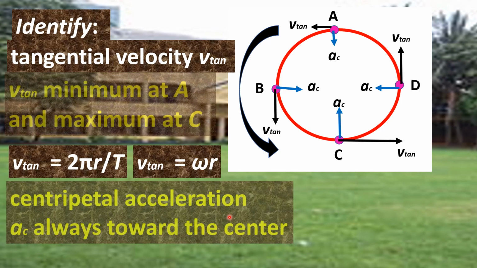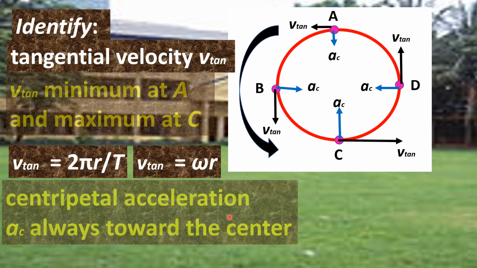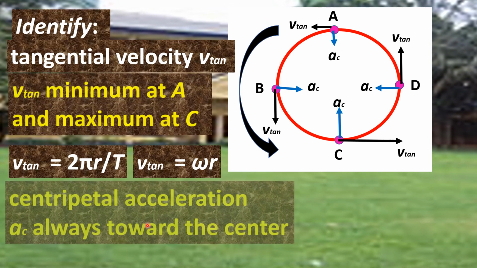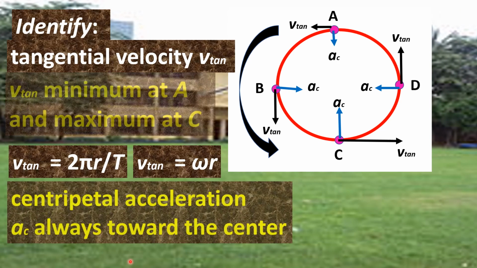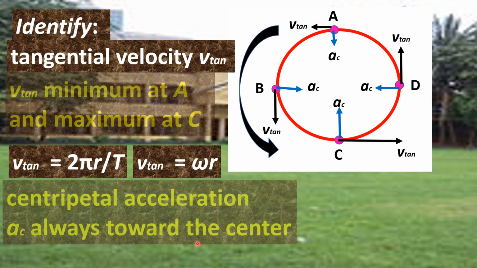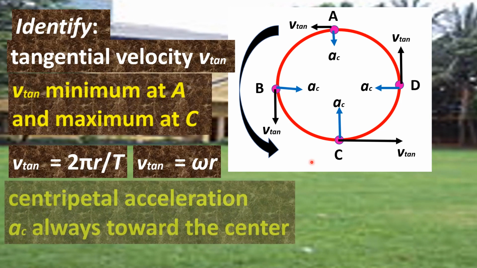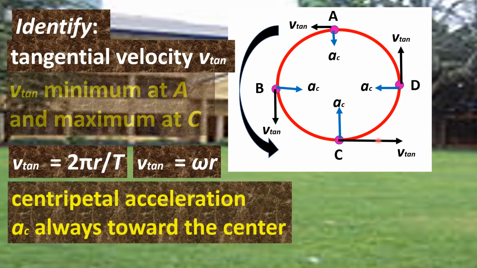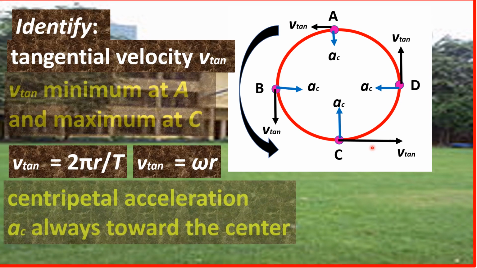Because the tangential velocity is always changing its direction, there arises a centripetal acceleration a sub c, whose direction, as the term suggests, is always towards the center of the circle. However, relative to the ground surface, the direction of a sub c, in fact, varies.